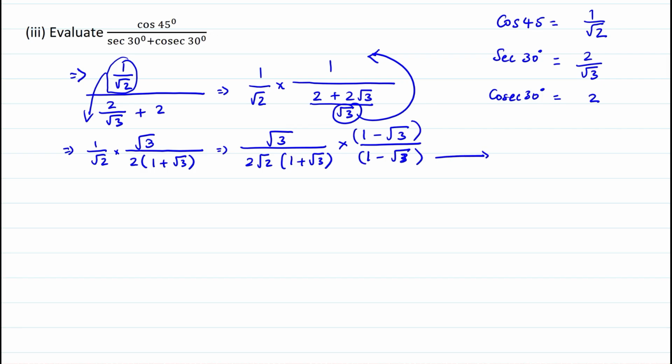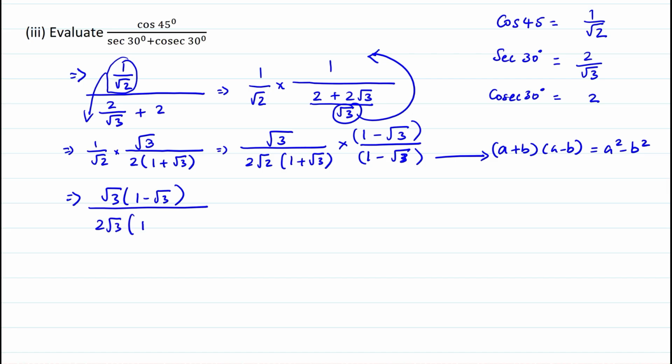Now, this is of the form a plus b into a minus b, that will be equivalent to a square minus b square. So, this implies root 3 into 1 minus root 3 divided by 2 root 2 into 1 minus root 3 into root 3 is 3.